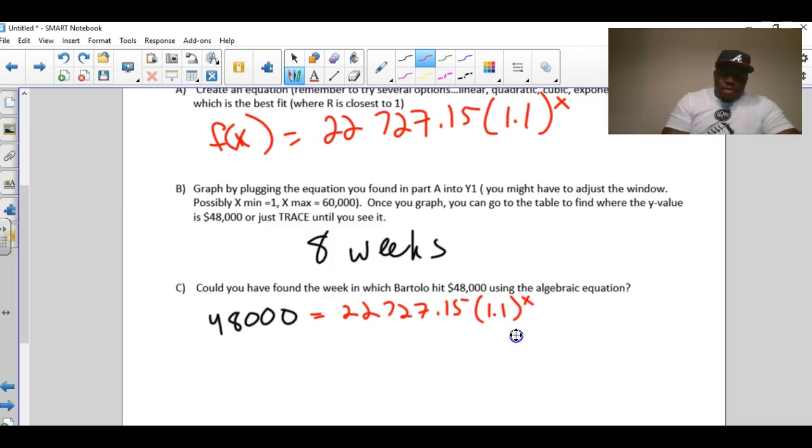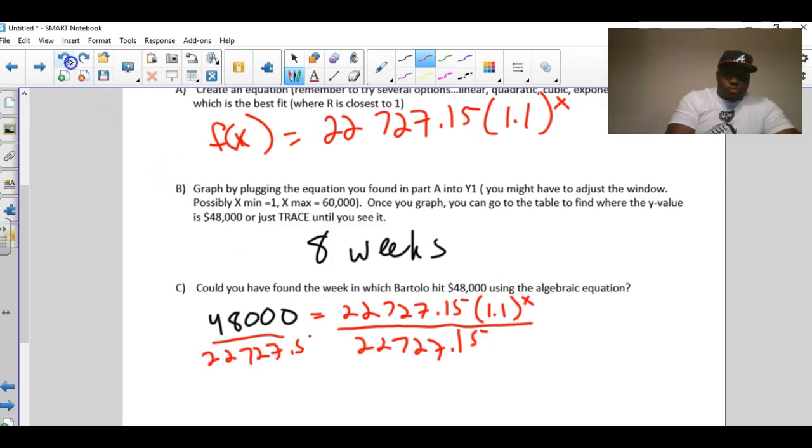The first thing we can do here is divide by 22,727.15. I'll do that on both sides. Excuse me, that's a 1.